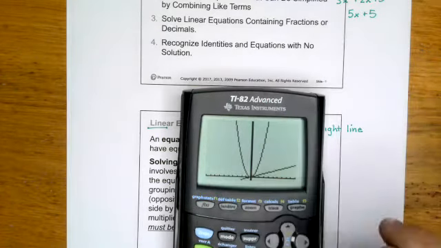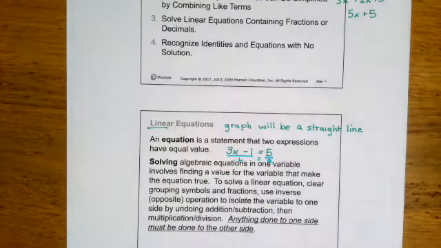X to the second power is a curved line when I graph it.